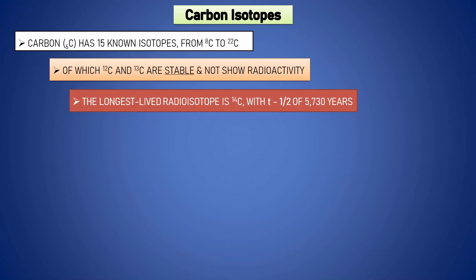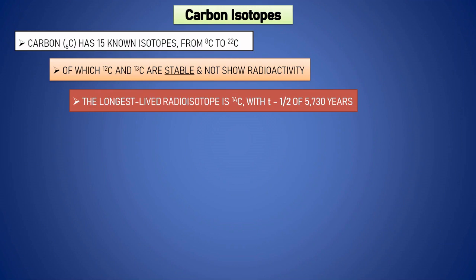C12, C13 and C14 are the three common natural isotopes present in nature. Among these three, C12 and C13 are stable isotopes and C14 is an unstable isotope. That means it exhibits radioactivity and its half-life is 5730 years.